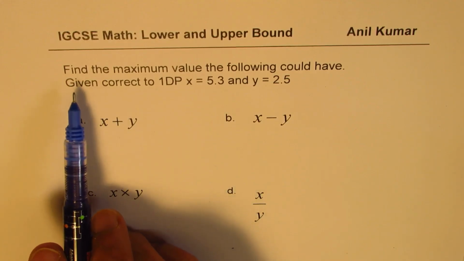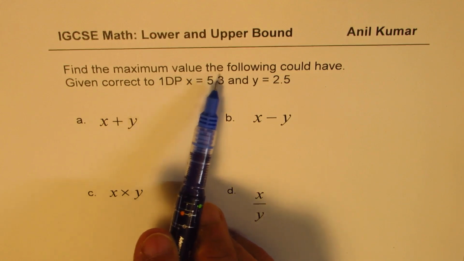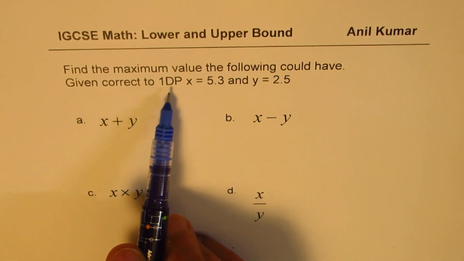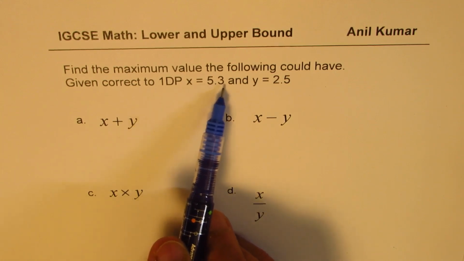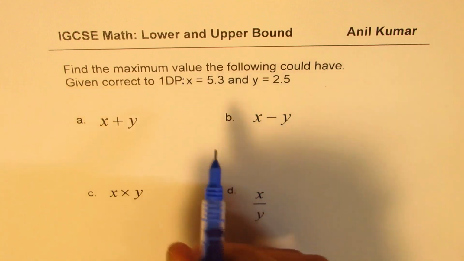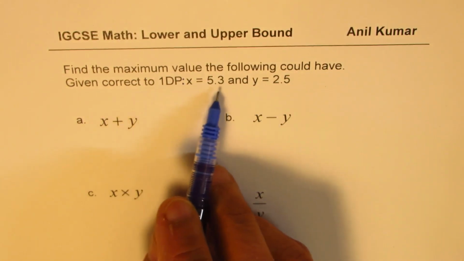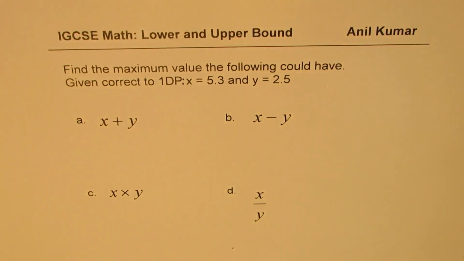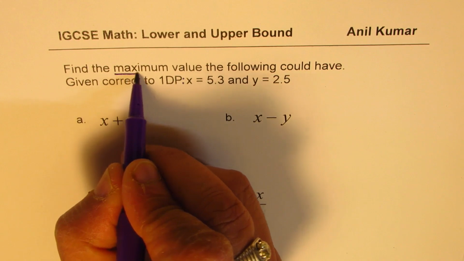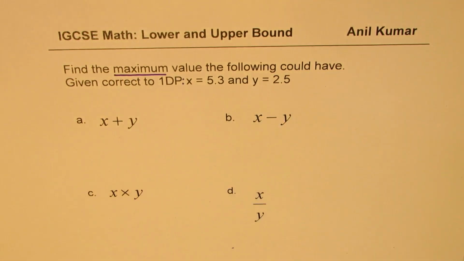So the question here is, find the maximum value the following could have. Given correct to 1 decimal place, x equals to this and y equals to 2.5, right? So we are given the value of x and y correct to 1 decimal place, right? So we have to find what is the possible maximum value for these calculations involved, right?